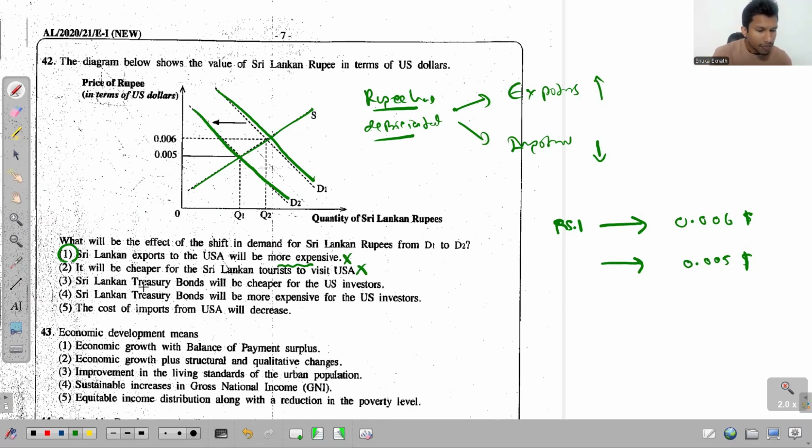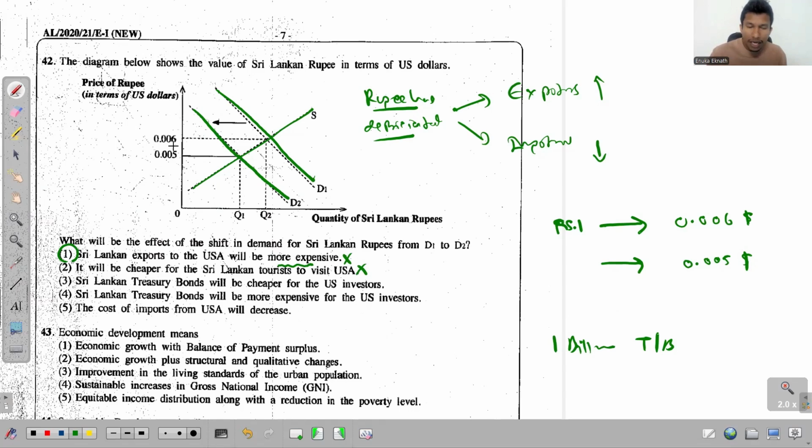And the third one says Sri Lankan treasury bonds will be cheaper for US investors. 100% true. See, imagine that they purchase 1 billion worth of treasury bills or maybe treasury bonds, right?